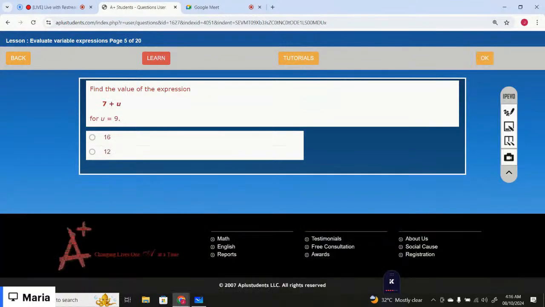Find the value of the expression that is 7 plus u for u equals 9. So which is the correct option? You have to evaluate for u equals 9.